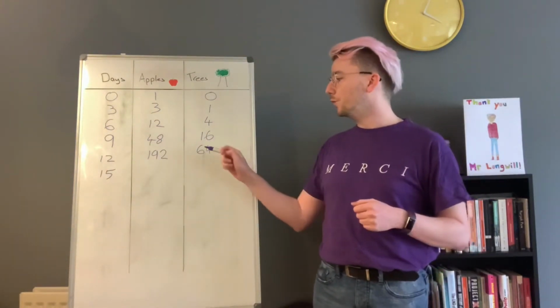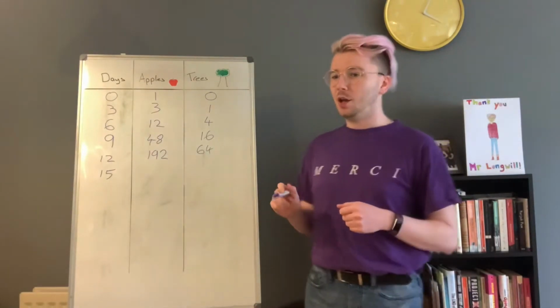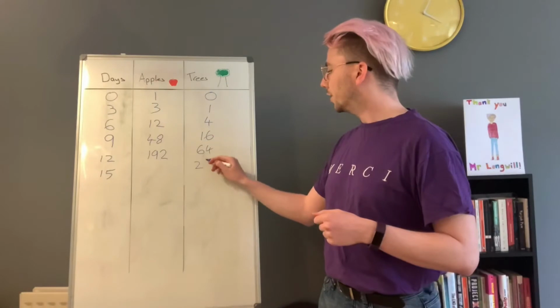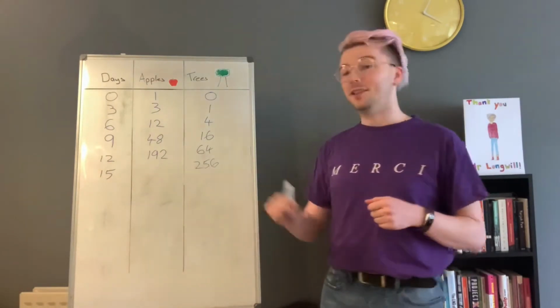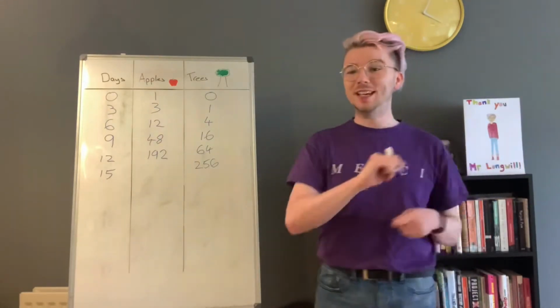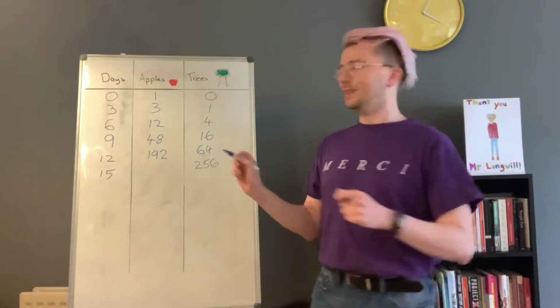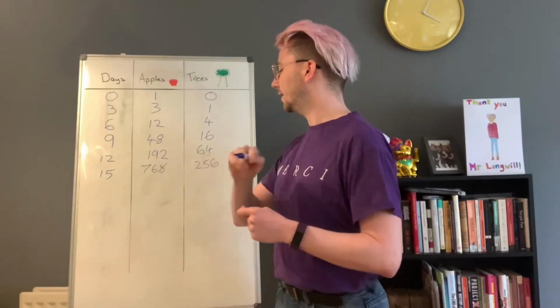Again, to get the number of trees, we need to take this number and add it to that number, which gives you 256. And to get the number of apples, again, we need to multiply 256 by 3, which is 768.